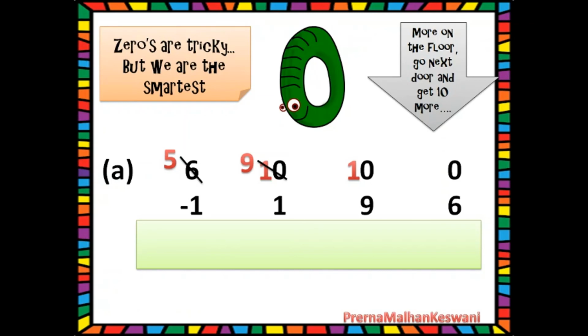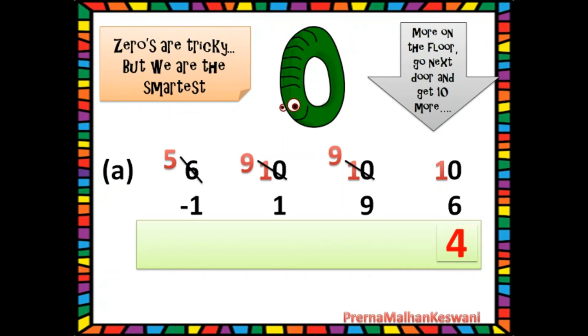So this 10 again will become 9 and the last 0 will become 10. Now it is certainly more on the top, and now you have to simply subtract. So start counting after 6 till 10. 7, 8, 9, 10. So the answer is 4.